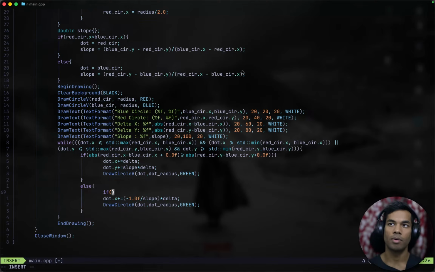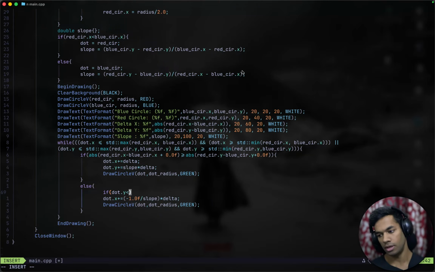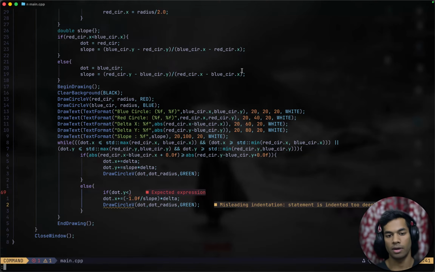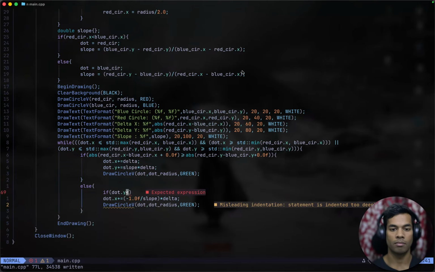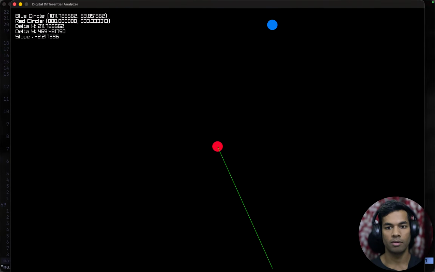Yeah, so if dot y is smaller, then okay, we don't know the target. We don't know the target, like where are we moving currently. But we can see it by the slope. Slope will be able to help us.